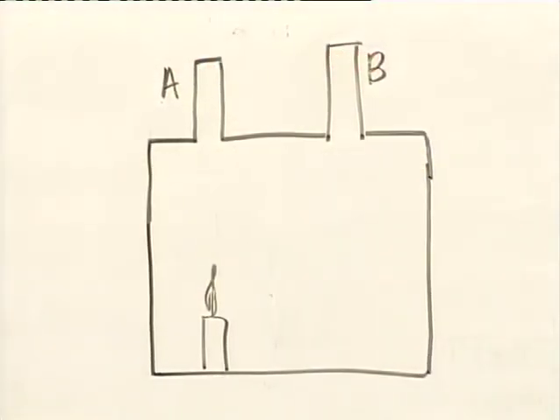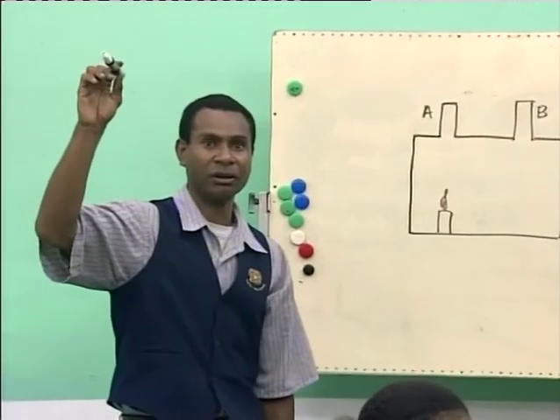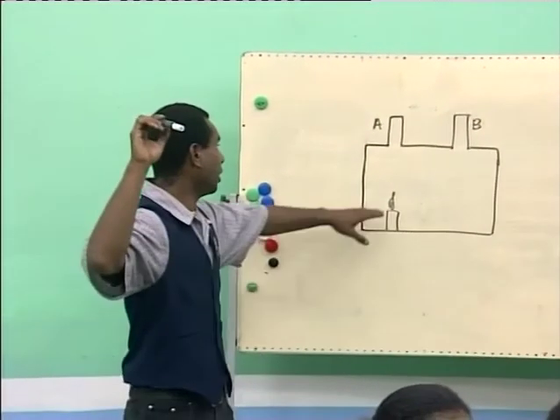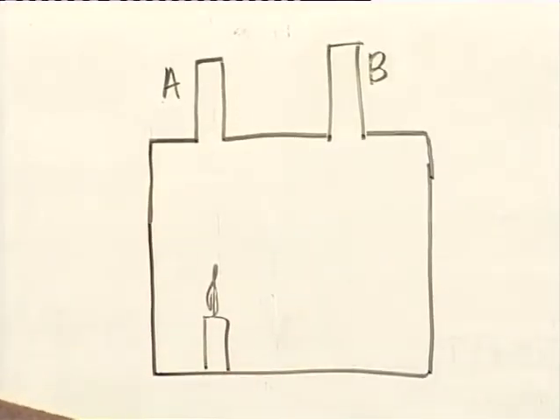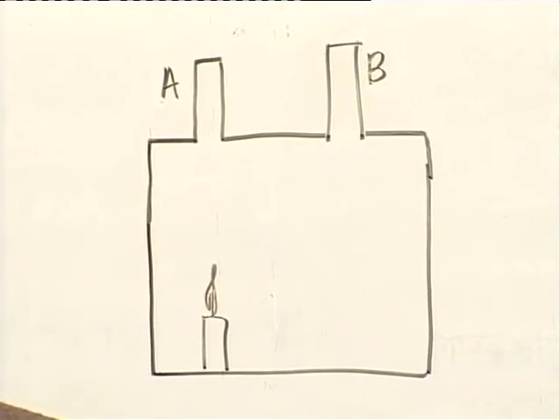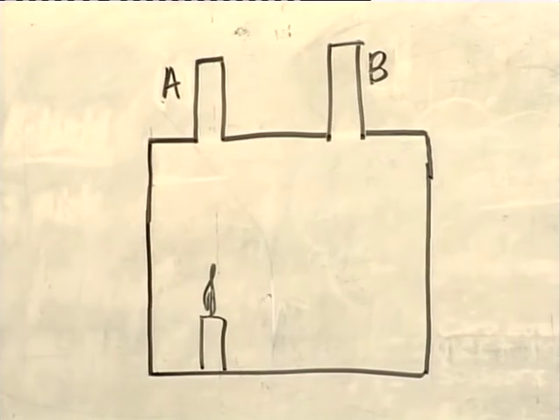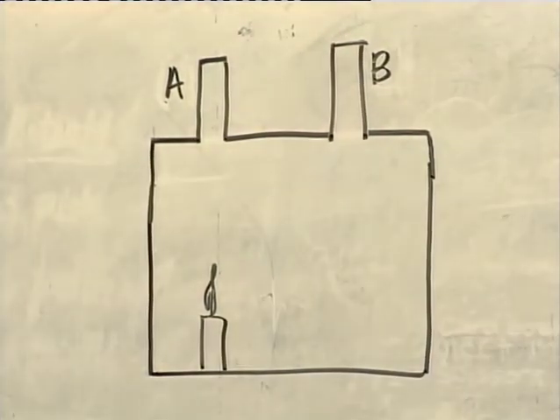Okay, chimney B, chimney A. Would anyone like to show us the direction of heat traveling in the diagram of the convection chamber? How did the smoke from the coil flow?